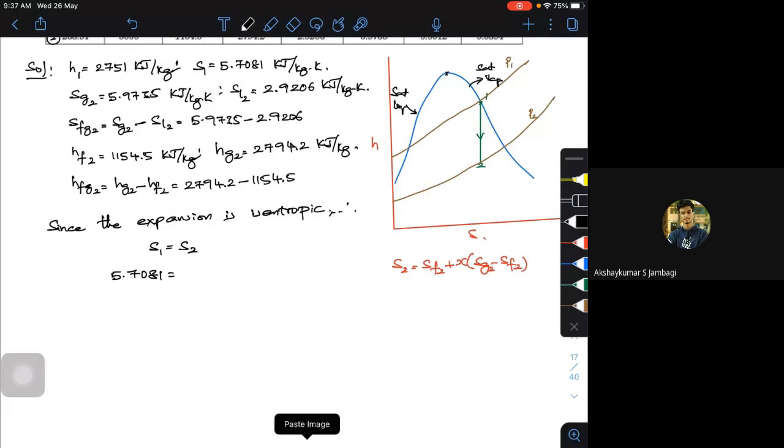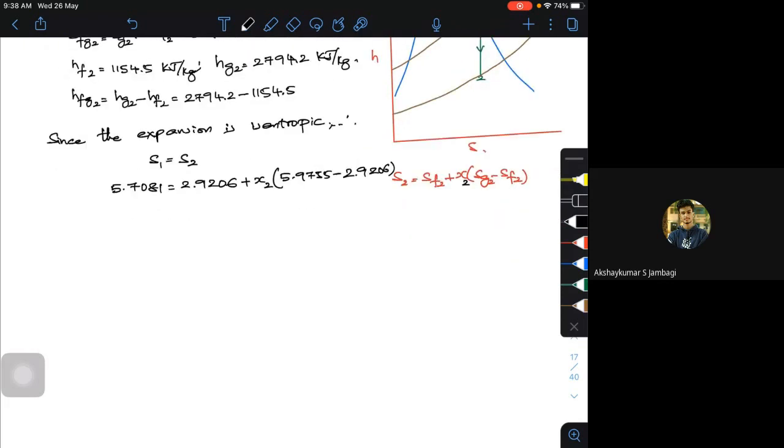It is 2.9206 plus the dryness fraction x2, into 5.9735 minus 2.9206. So 5.7081 minus 2.9206, divided by 5.9735 minus 2.9206. Just do that and tell me the value of x2.